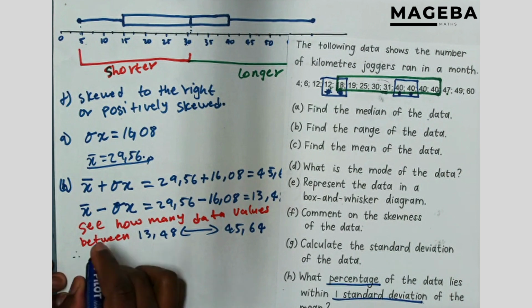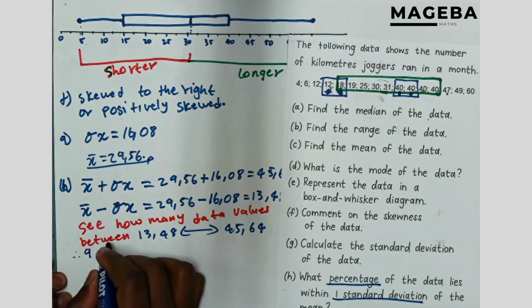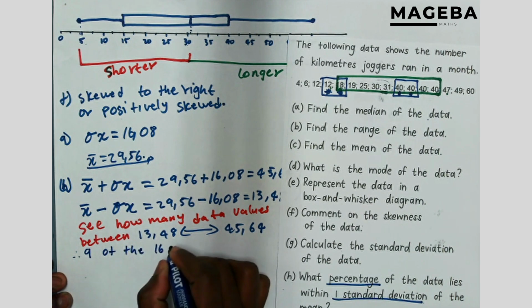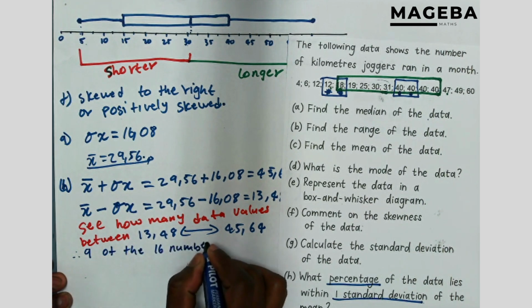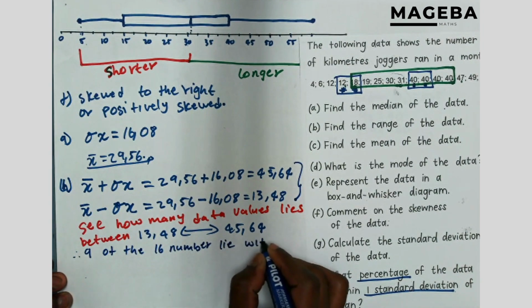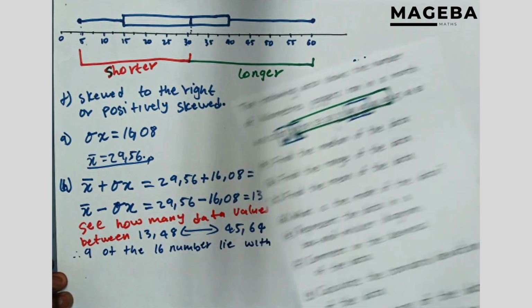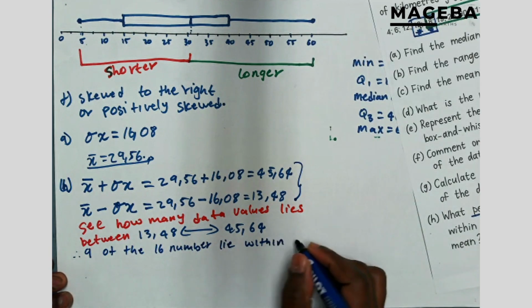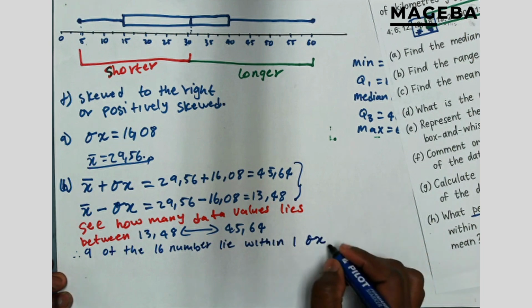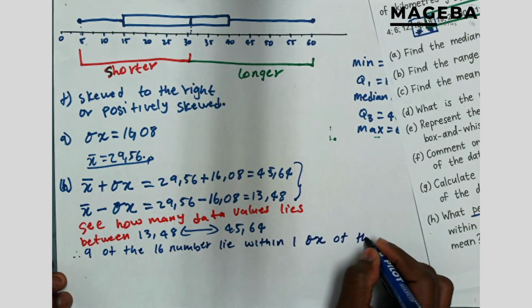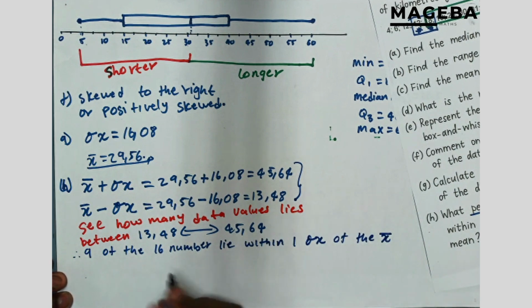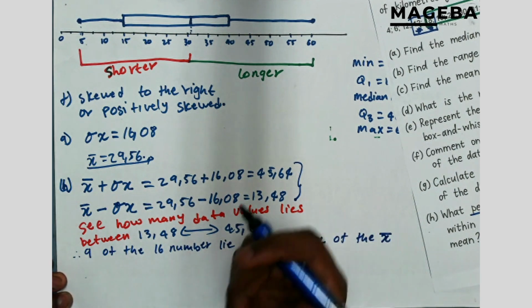So we have 9 out of the 16 numbers that lie within one standard deviation of the mean. From there, now I'm calculating the percentage.